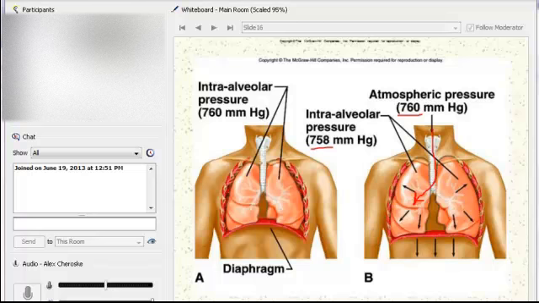Okay, so that was inhalation, and exhalation or expiration is in essence where these various inspiratory muscles relax. Then the side walls of the thoracic cavity come in, the diaphragm rises up again, and that creates a smaller volume, which increases the pressure inside of the pleural cavities.